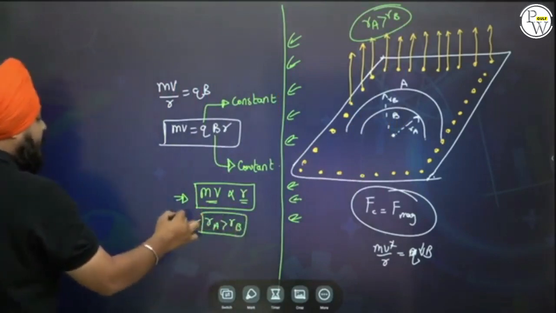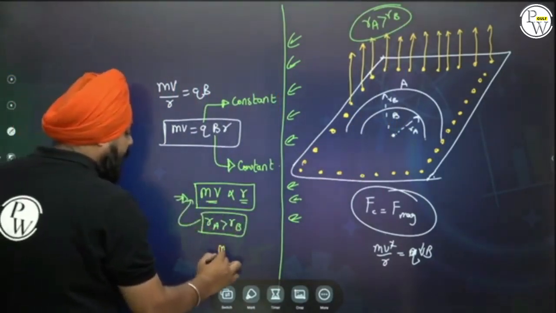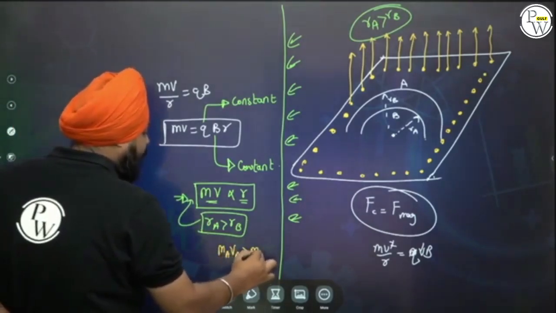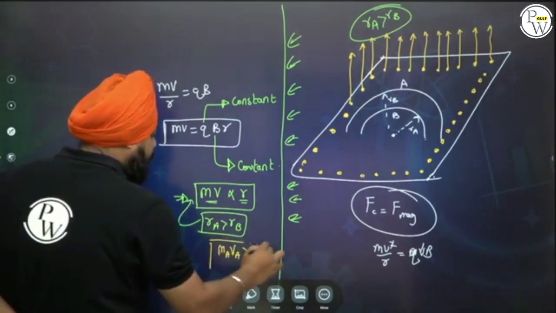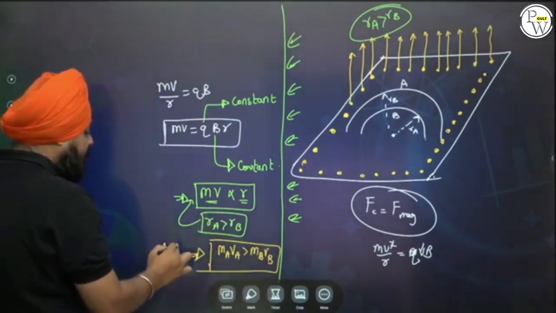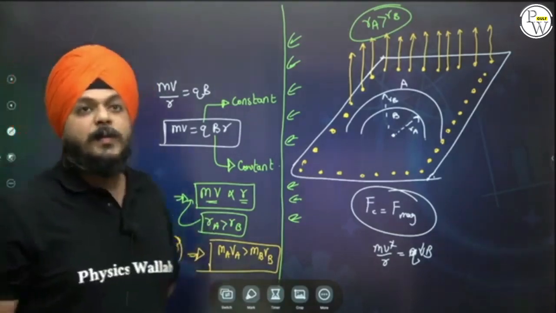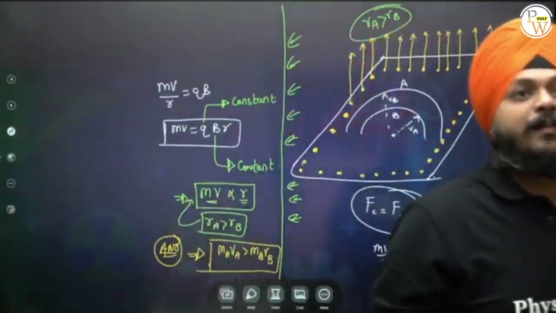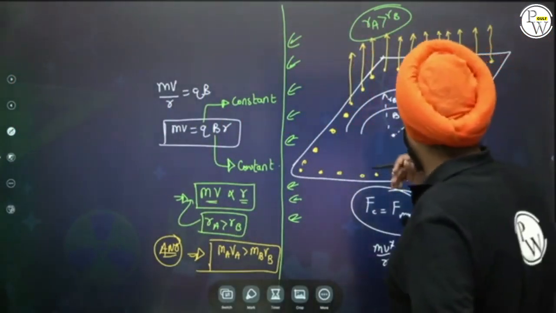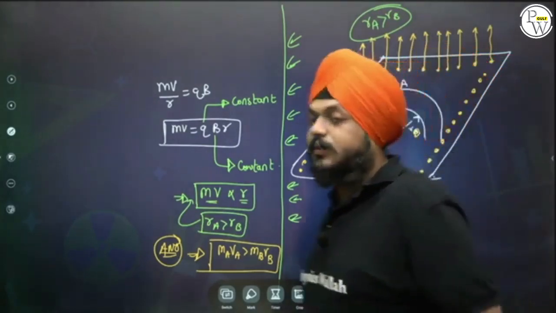So this relation simply defines that M of A, V of A is obviously greater than M of B, V of B. This will be the perfect answer to this specific question. The radius of the upper trajectory, I'm sorry, this is RB, this is RA, sorry for the small mistake.